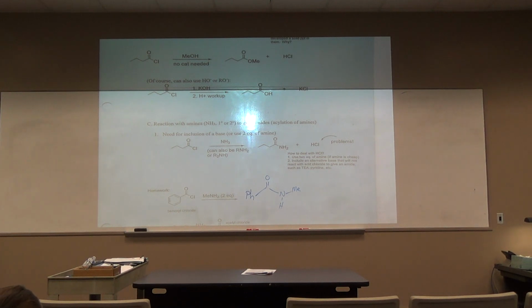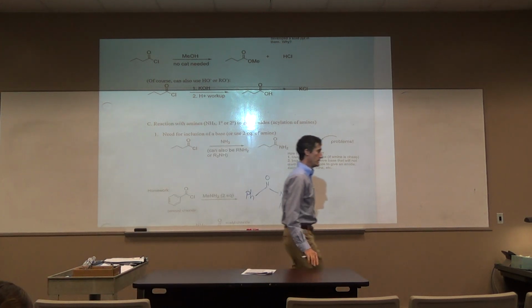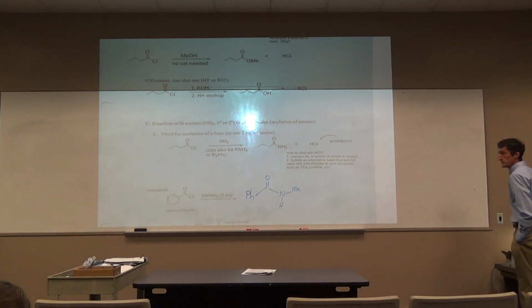Mechanism for this reaction. Name of the mechanism? Nucleophilic acyl substitution. But we also have to take care of the proton, right? At some point, dealing with the proton.